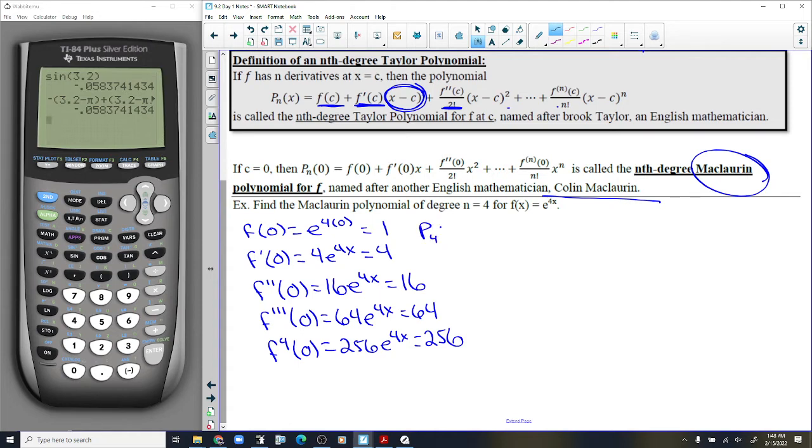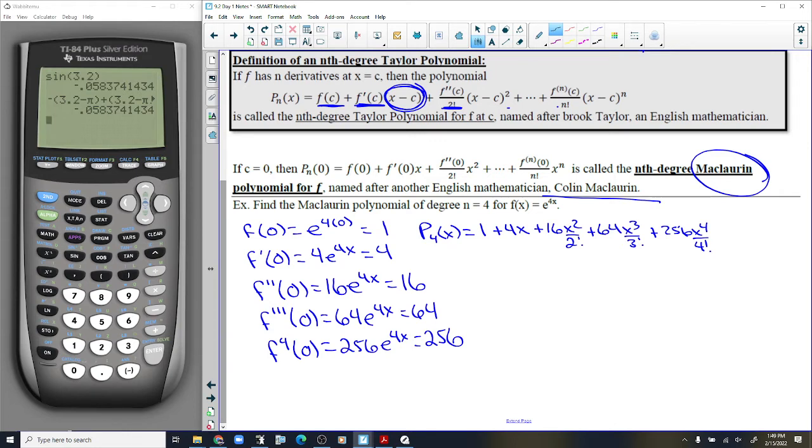So the fourth degree polynomial is 1 plus 4x plus 16x squared over 2 factorial plus 64x to the third over 3 factorial, and then plus 256x to the fourth over 4 factorial.